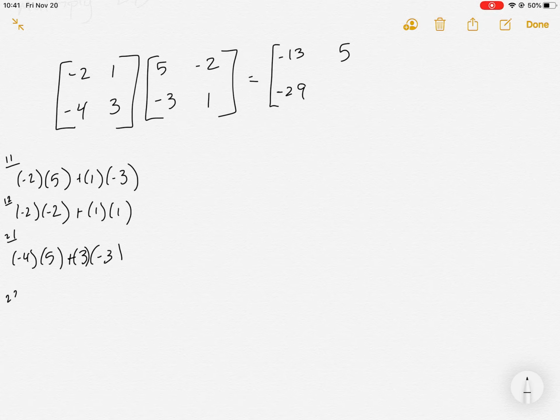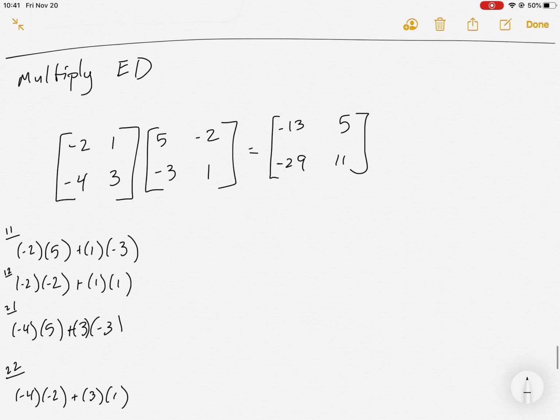And then for the final position, I'm going to have negative 4 times negative 2 plus 3 times 1. And this is going to equal negative 8. So negative, oh wait, 8 plus 3 would be 11, sorry.